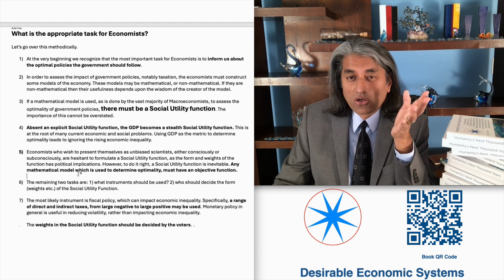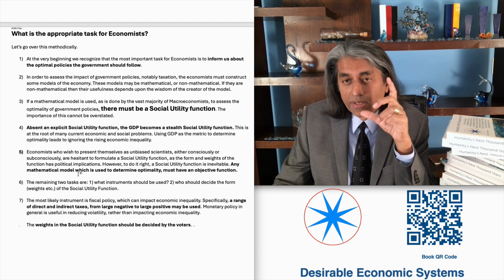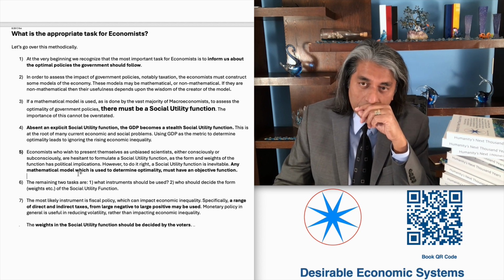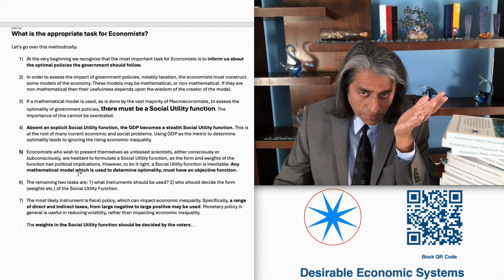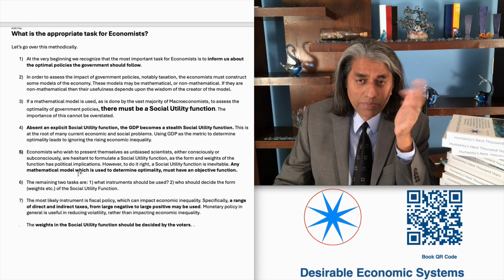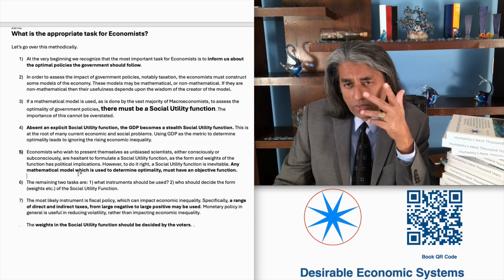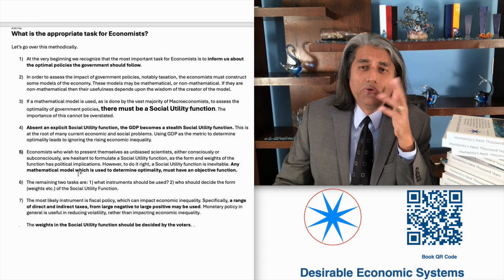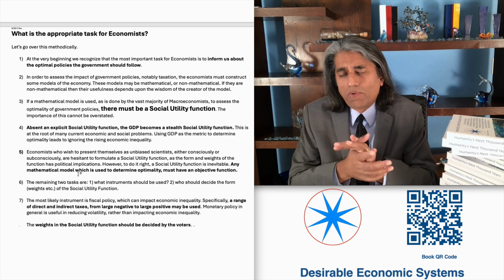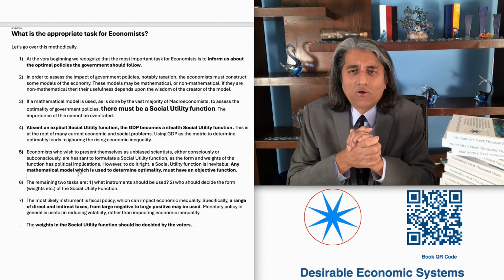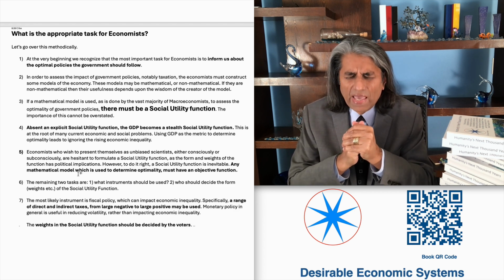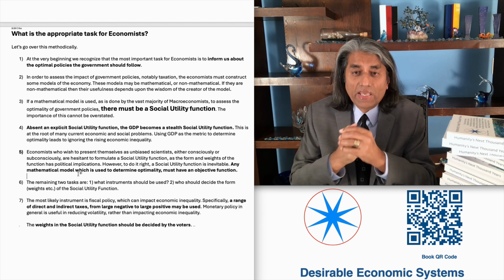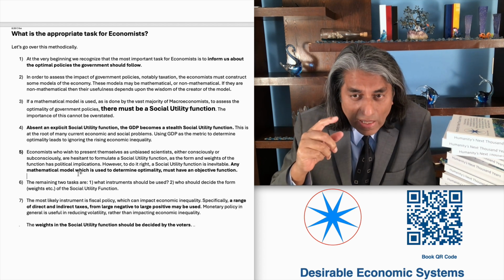So of course, when you take the log, you are reducing the $1 impact on larger incomes compared to smaller incomes. And that's one way to address it. And you can think of different ways the social utility function can be modified to take into account inequality.